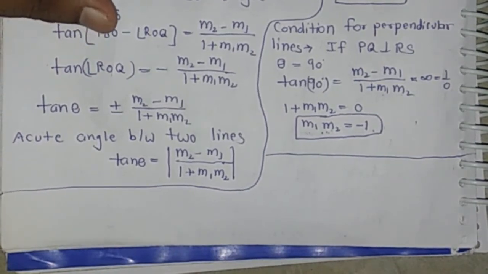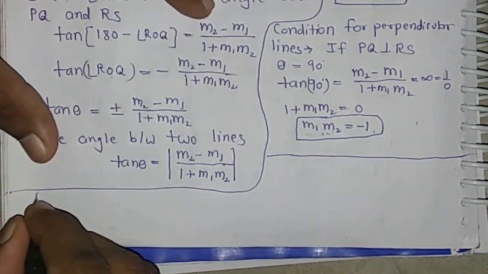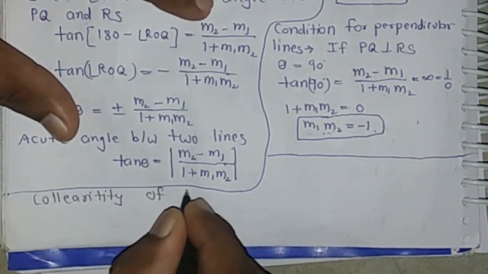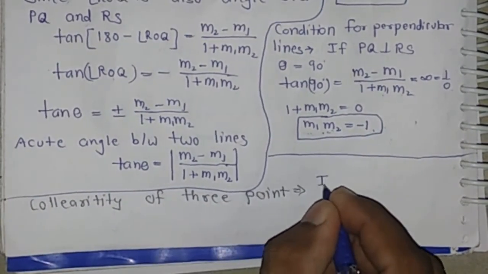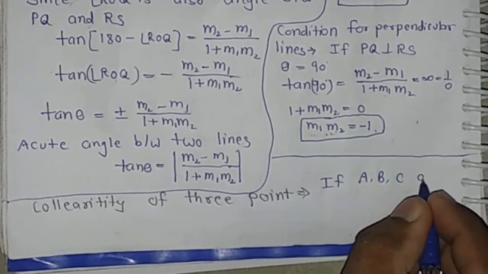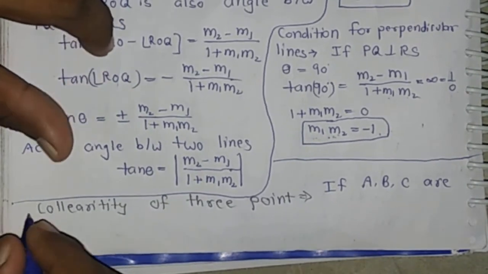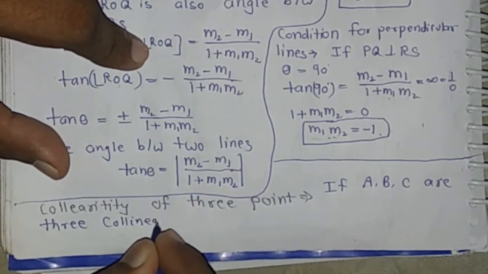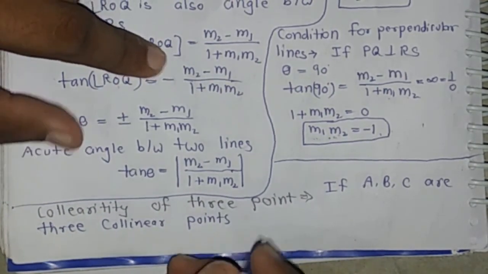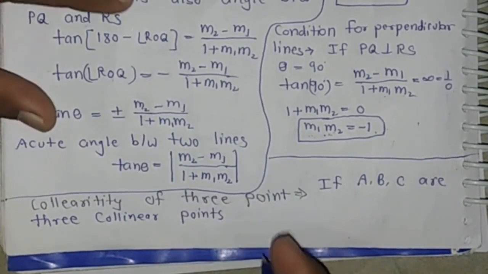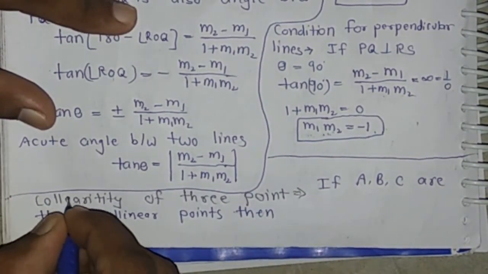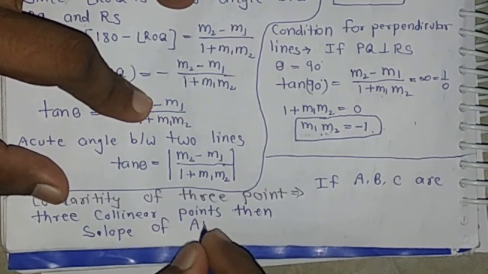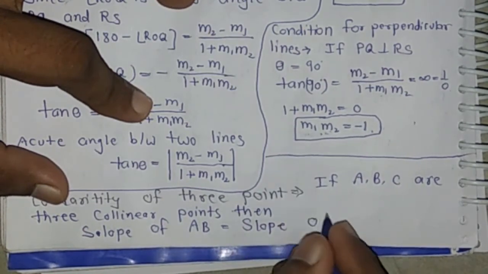Now collinearity of 3 points. A, B, C are 3 collinear points, then slope of AB is equal to slope of BC.